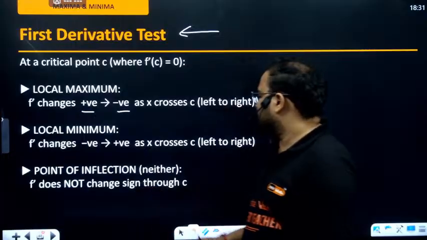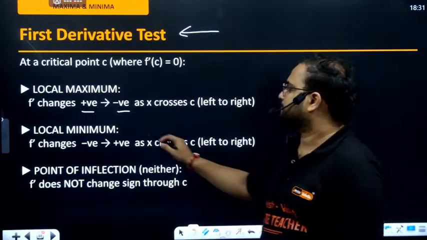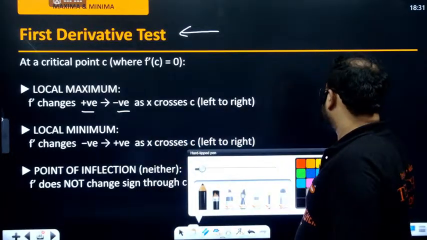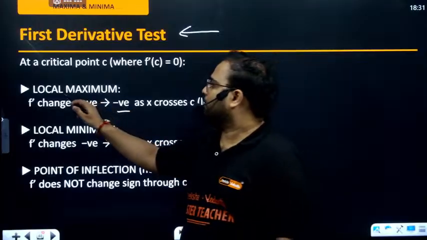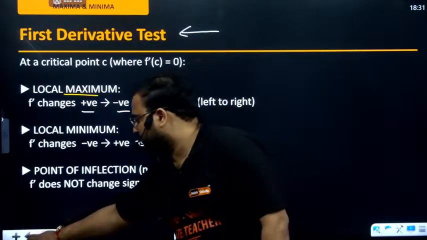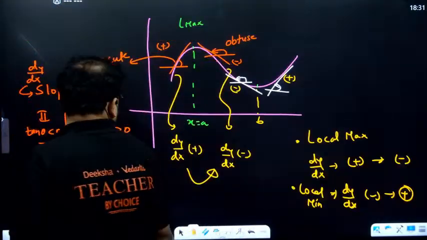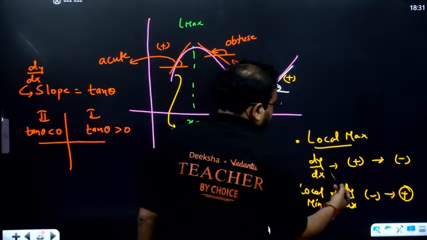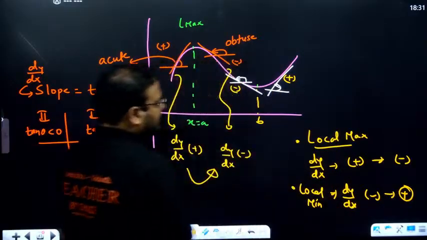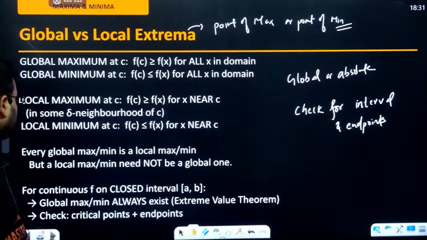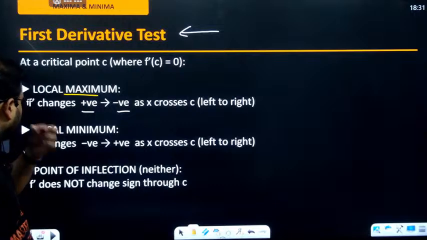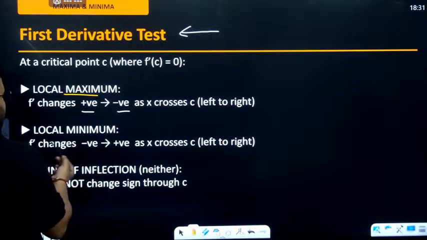Minus to plus, it's called local minima. I wrote the summary over here. Check. Local maxima, plus to minus, local minima, minus to plus.